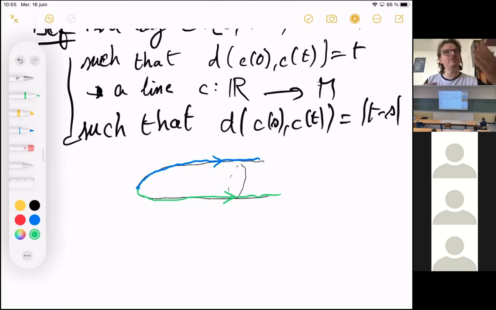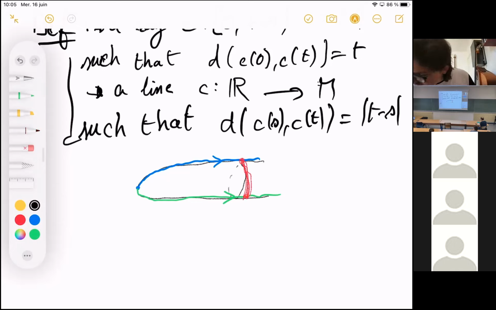However, the union of both is not really minimizing in every subinterval, because if you take 2 points here, then the shortest path is here. So it's not minimizing as a geodesic from R to M, even though it's minimizing on R plus and on R minus, depending on how you parameterize it.